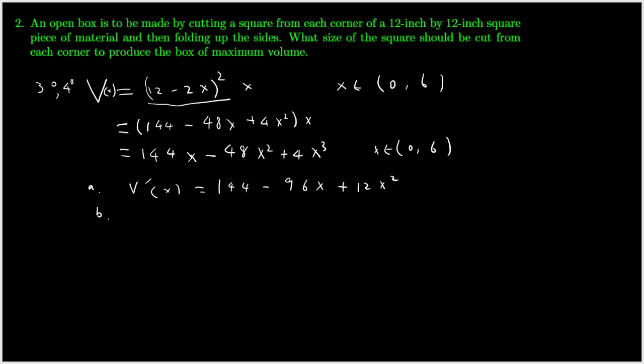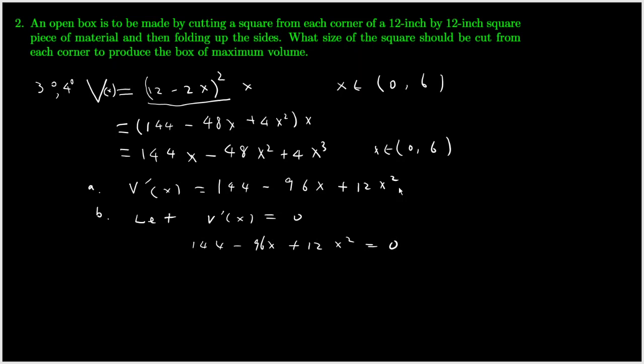So in this particular case, the derivative is defined at all the real numbers. We just have to find at what x values the derivative is equal to 0. We're trying to get the critical numbers, so we let the derivative be 0. So this means we have 144 minus 96x, and then plus 12x squared is equal to 0.